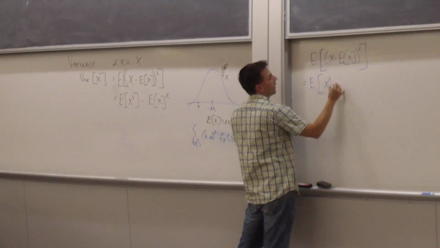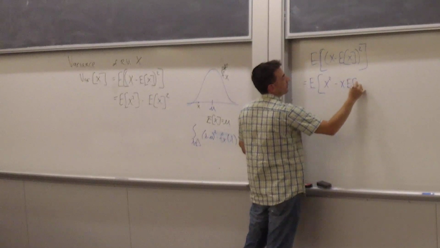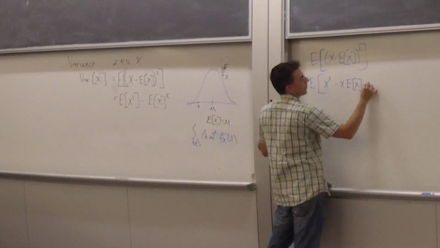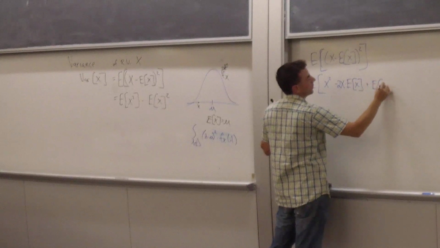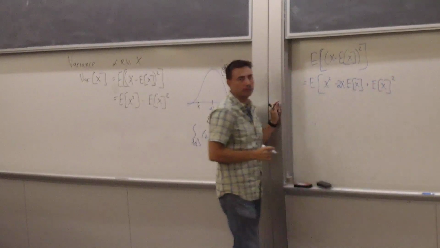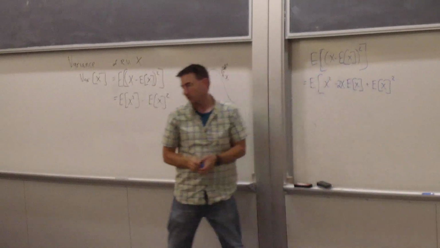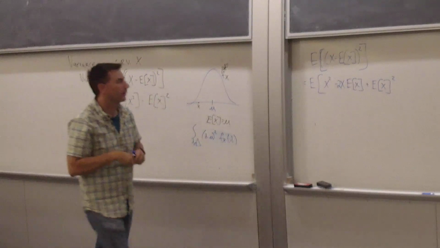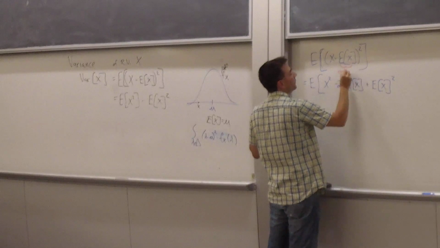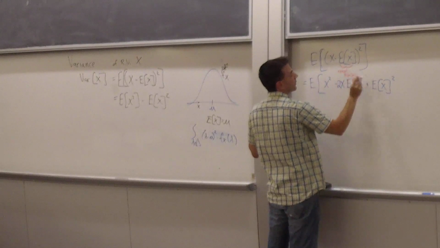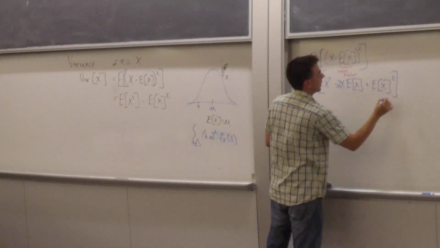I'm going to have x squared minus 2 times x times the expected value of x, plus the expected value of x, squared. The expected value of x is a fixed constant scalar, so this is all inside of an expectation.